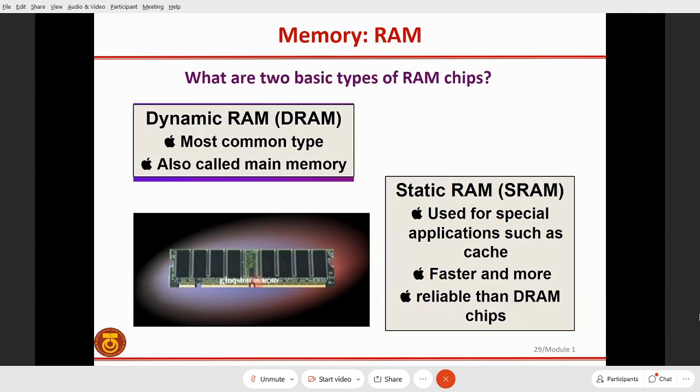Now we're talking about RAM. What are the two basic types of RAM? Dynamic RAM and static RAM. It's the same, they are all RAM, also called main memory. DRAM is main memory, and this is for data.